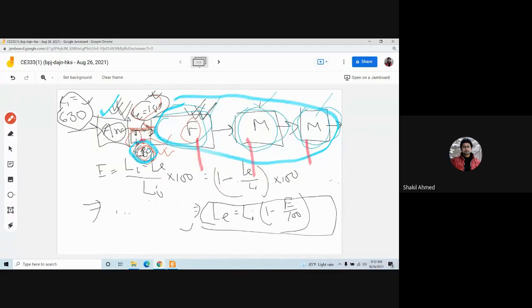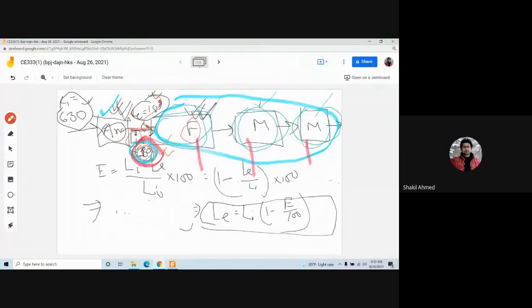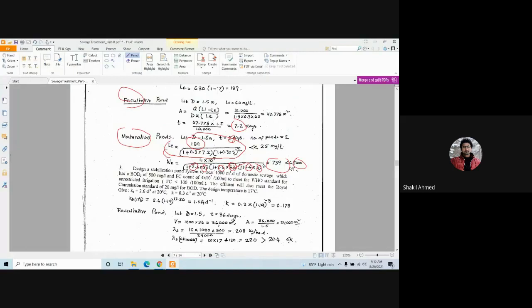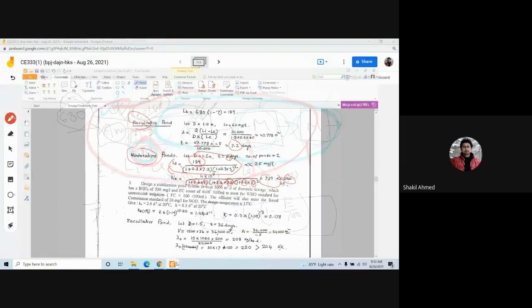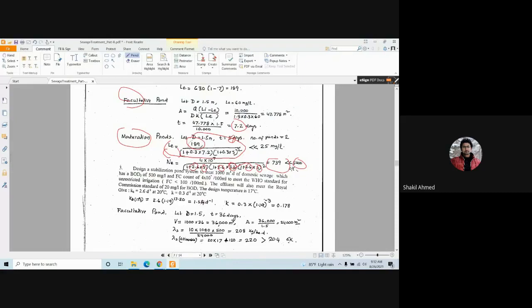That's why our Li is 189. We could also have used these 4 ponds here. In that case, we would have to include another part for the anaerobic pond. And our Li would be what?